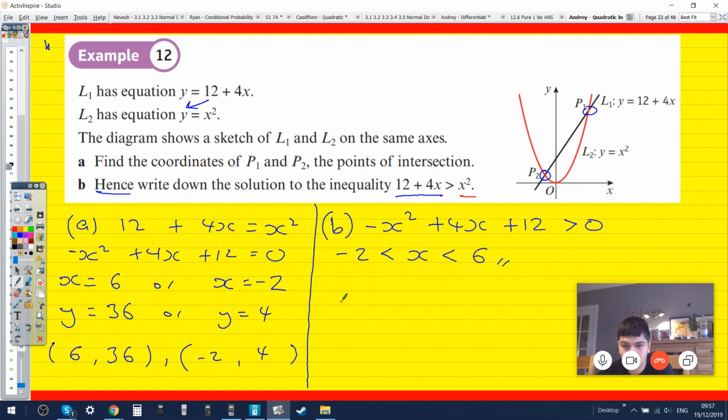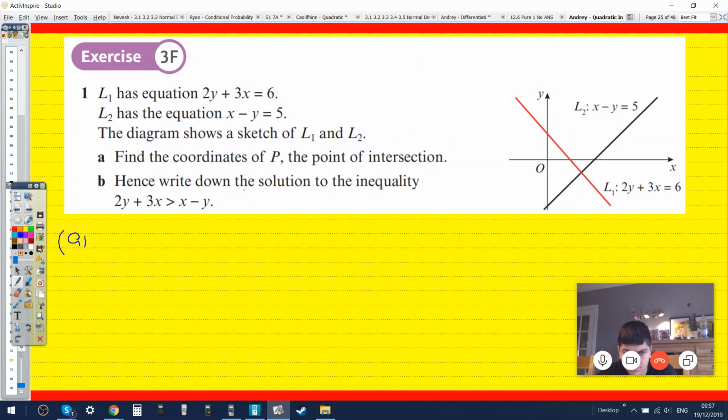The point of intersection is where they're equal to each other, where they cross over. So you make them equal to each other and just solve it the normal way. If you're stuck with this bit here, like when is the line greater than the curve, that's in between -2 and 6, in between the 2 points of intersection. If you're ever stuck with that bit, just solve it the algebraic way. Okay. Especially with inequalities, seems to be easier.